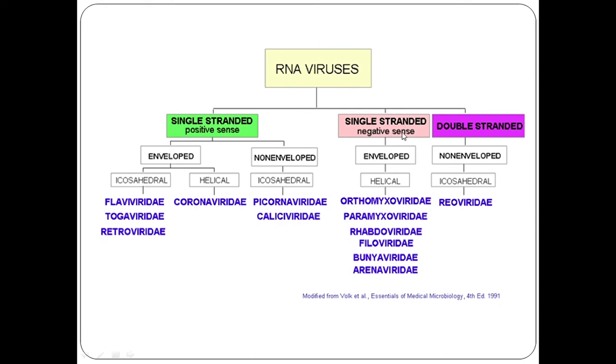In the single-stranded negative sense, the enveloped one has the helical structure, and the orthomyxoviridae, paramyxoviridae, rhabdoviridae, filoviridae, bunyaviridae, and arenaviridae are some examples of single-stranded negative sense RNA viruses. And the double-stranded RNA viruses, which do not contain the envelope and have icosahedral symmetry, are exemplified by the reoviridae.